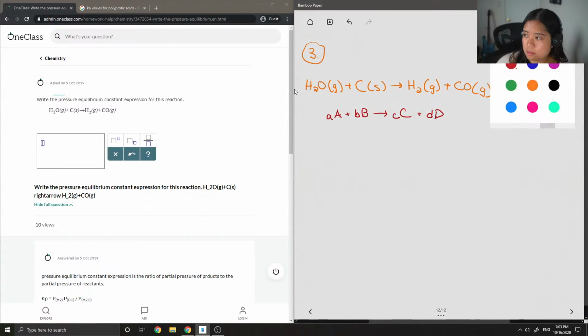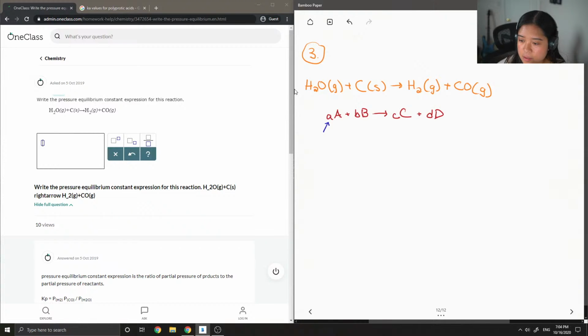It's a little confusing with letters, but basically your lowercase letter is the number of moles.